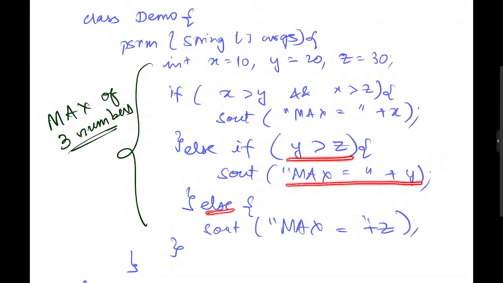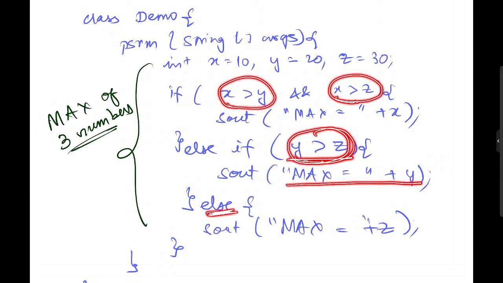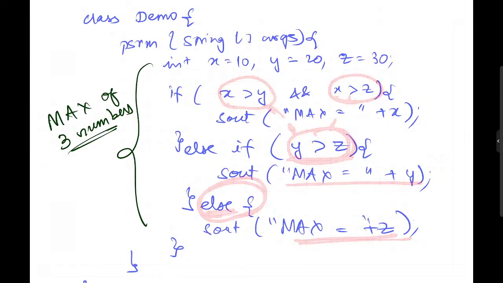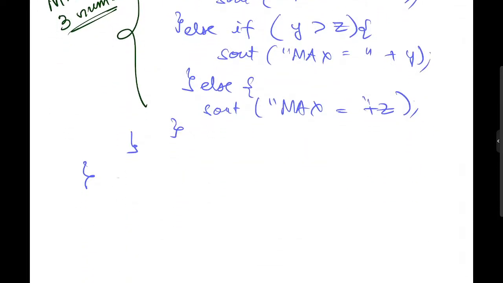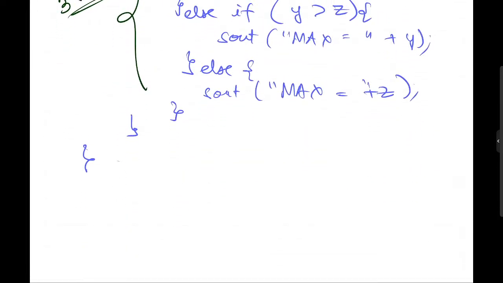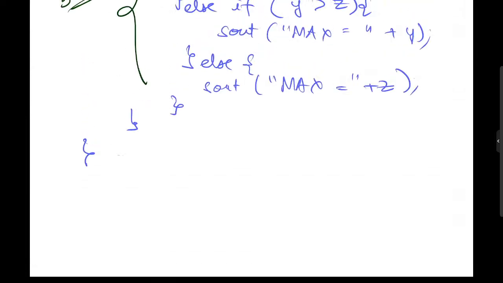In the other case, where we have an else, we have already established that x is not greater than y and z, and y is not greater than z, so maximum is definitely z. That's it, that is the logic. Cool, got it? This is pretty simple to understand. Let's move on.